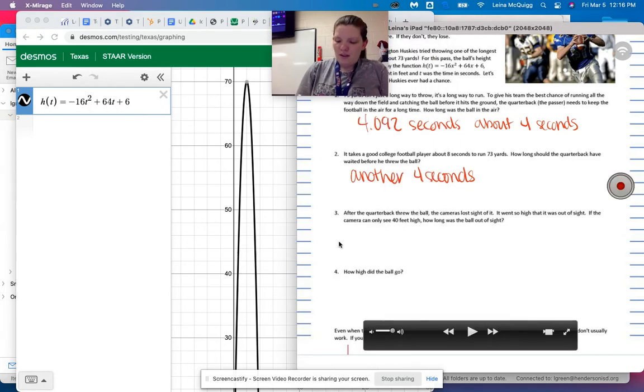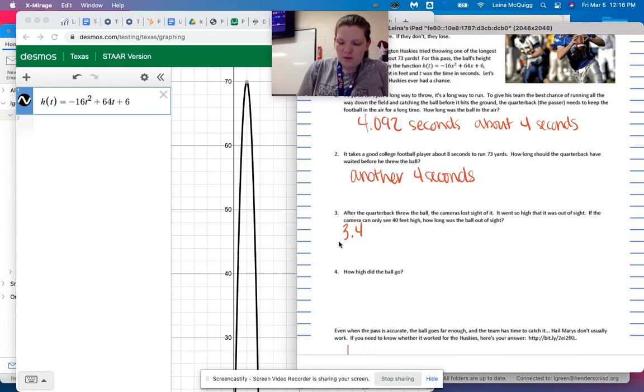Let's round it. So what are we left with? 2.8. So the ball was out of view for 2.8 seconds.